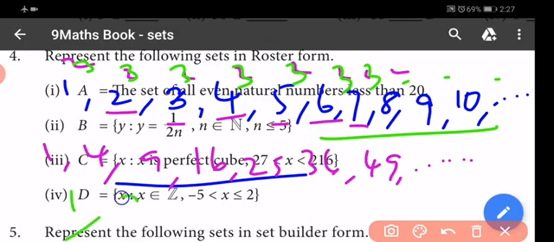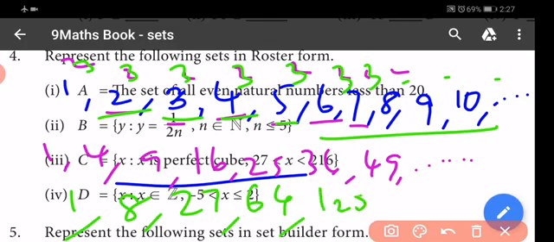What is 2 cube? 2 into 2 into 2, multiplying 2 three times, is 8. 3 cube means 3 into 3 into 3, how much? 27. 4 cube, 4 into 4 into 4, 64. And 5 cube, 5 into 5 into 5, 125.